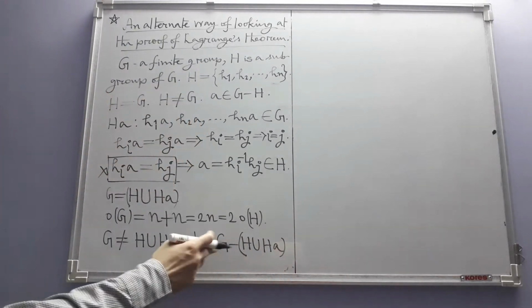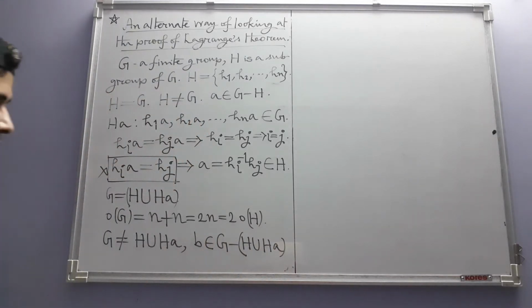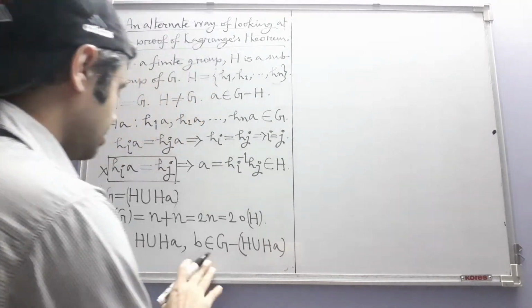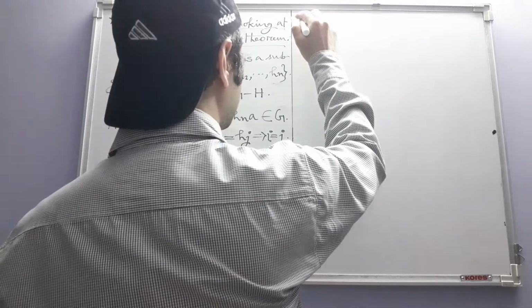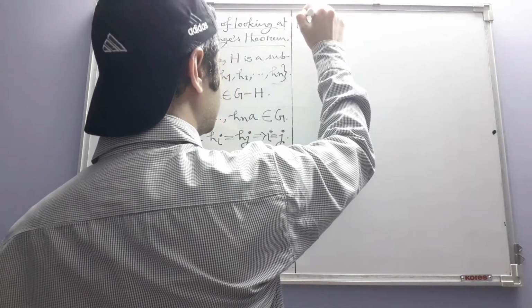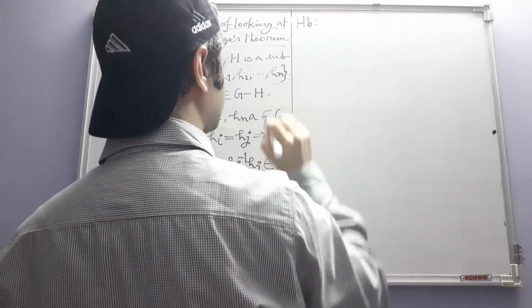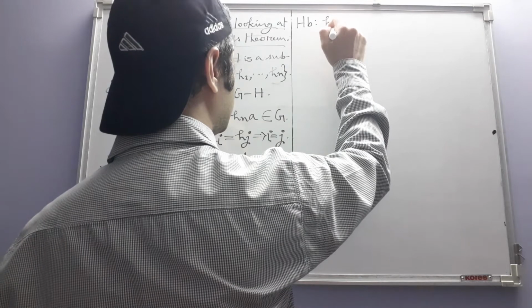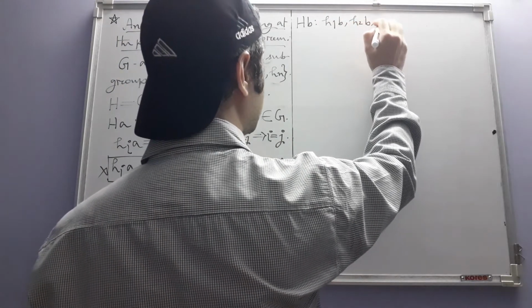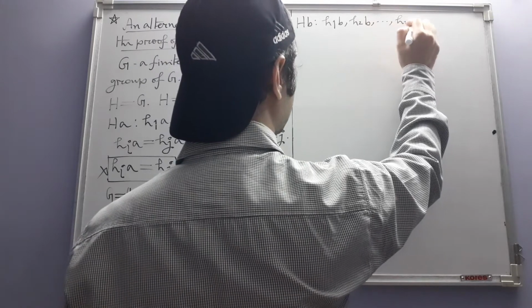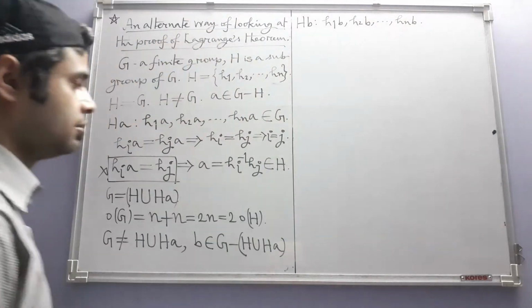That means it's in the complement of their union. Now we continue the procedure with B. We look at the elements of this right coset HB, H1B, H2B, like that up to HNB.